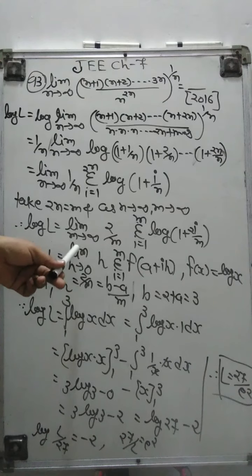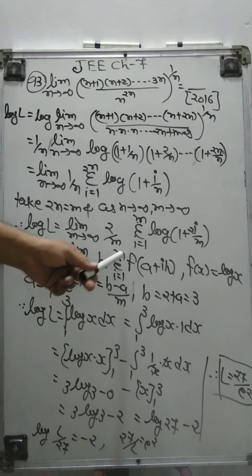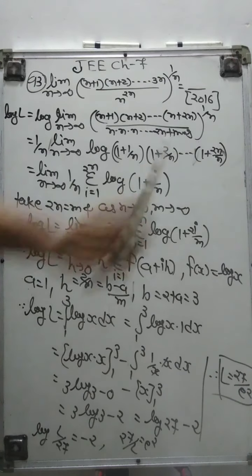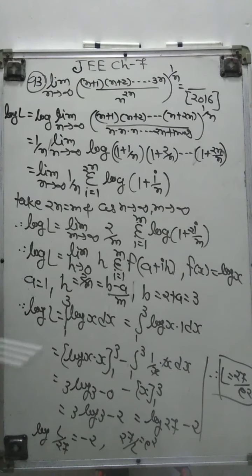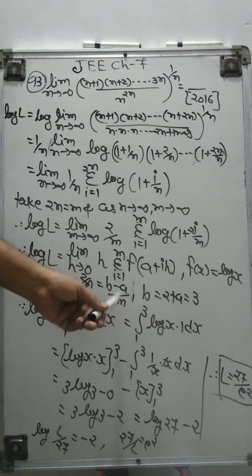And log L is equal to limit h tends to 0 h sigma i equal to 1 to n f a plus i h, f x equal to log x. Now what? This is log x, therefore we can take a equal to 1, h equal to 2 by m, it is b minus a upon m.